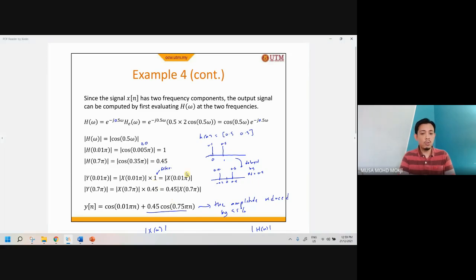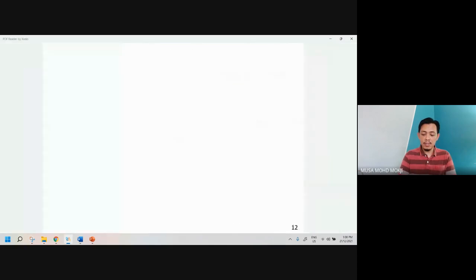If you want to preserve a frequency, make sure you design the filter so that it equals 1 at that frequency. If you want to remove a certain frequency, you design your filter so that the magnitude will be 0 at that specific frequency, the one that you want to remove.